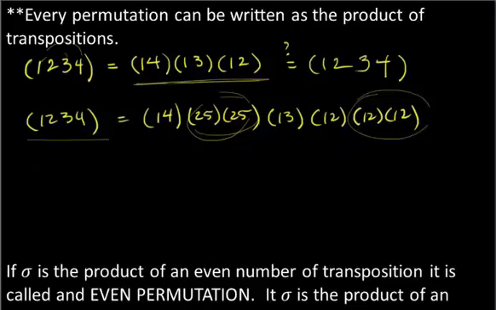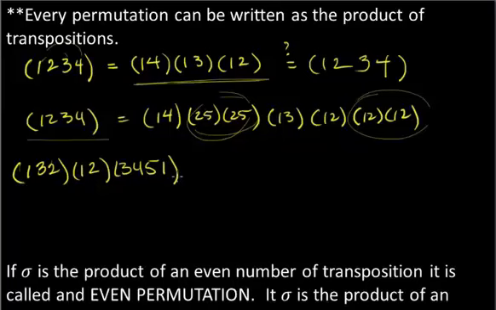Let's take another one. Let's take 1, 3, 2 times 1, 2 times 3, 4, 5, 1. Now, I don't even have to simplify this. These are not disjoint, but to find out if it's even or odd, I really don't have to simplify it.